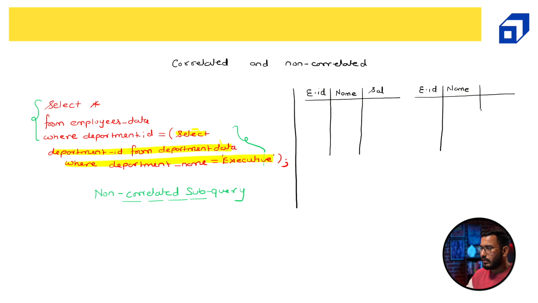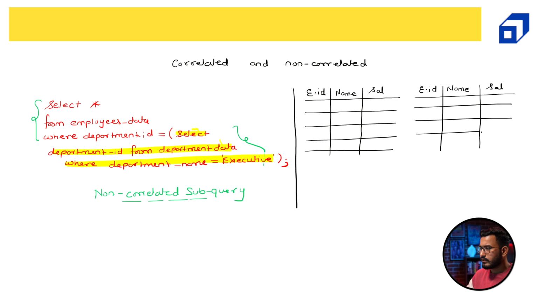So it is the same table, but I'm creating it two times. Let's add some random data: 1, 2, 3, 4, A, B, C, D, and here some random salaries. The same data goes over here also.